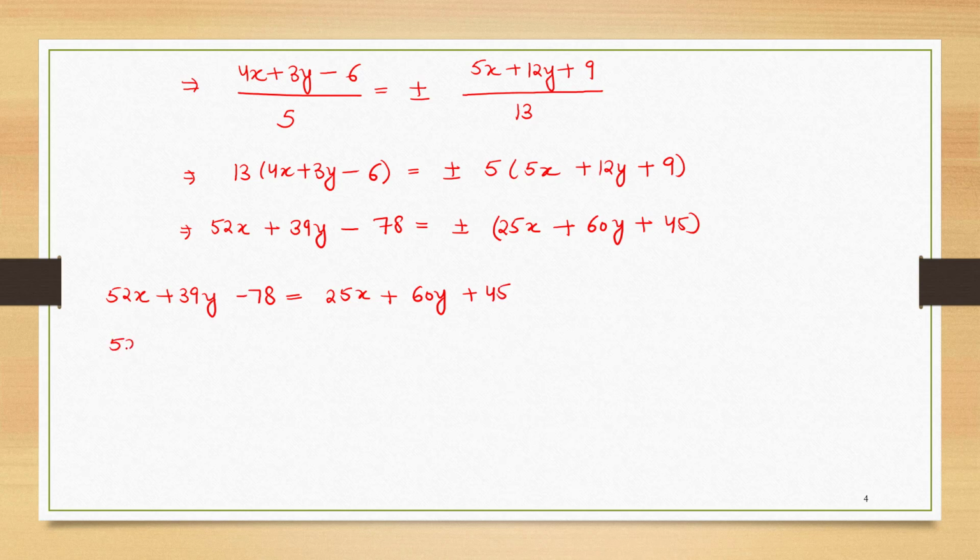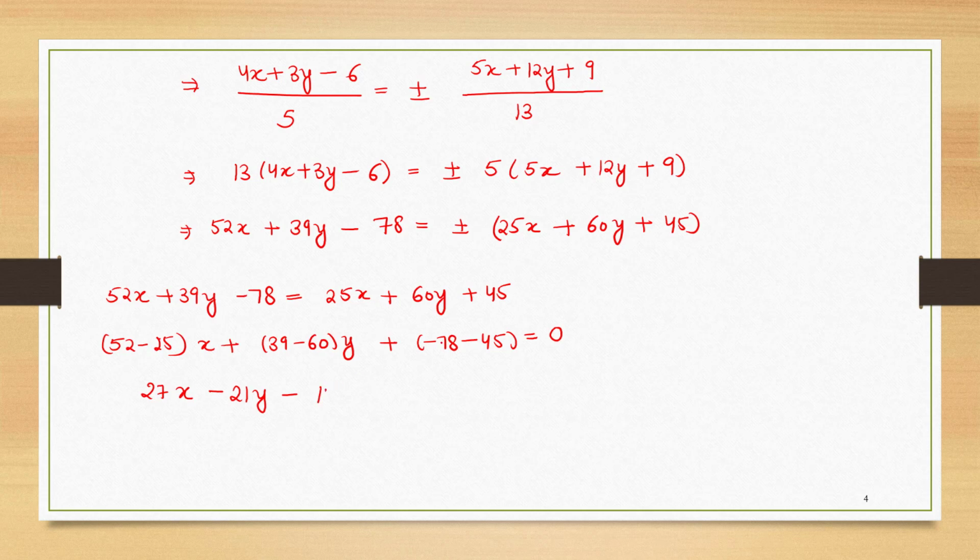That is (52 minus 25)x plus (39 minus 60)y plus (minus 78 minus 45) equal to 0. So we get 52 minus 25, that is 27x, minus 21y, minus 78 minus 45.